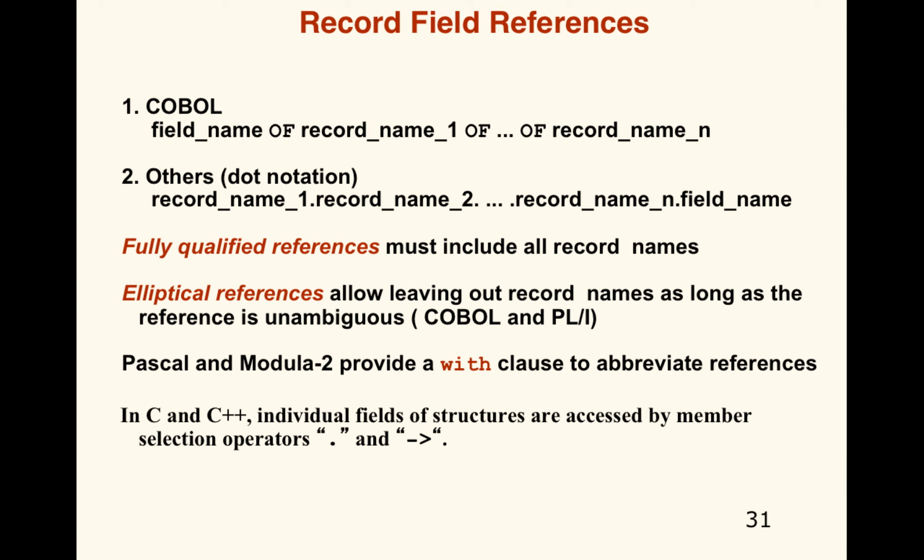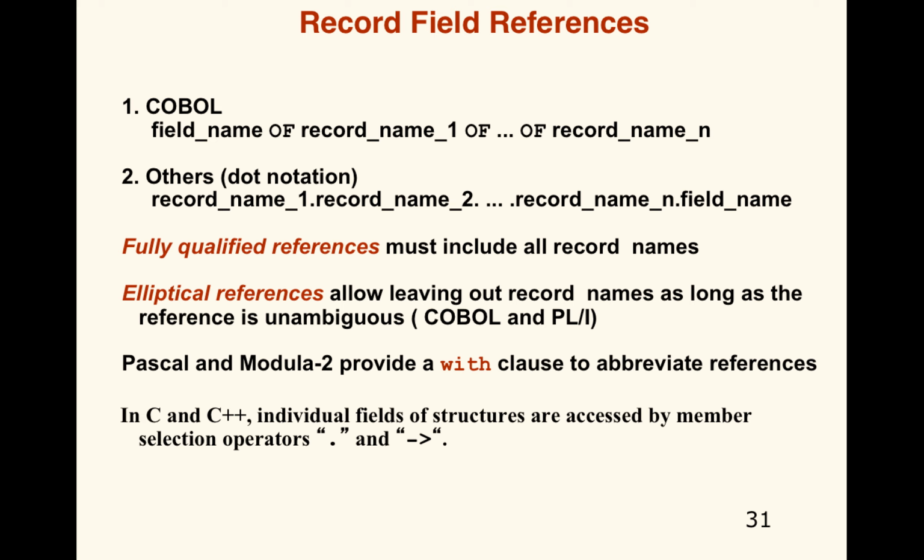Now in the record field references in COBOL, which is a very old language, it used the field name. So you had field name 1, field name 2, field name 3. Others use the dot notation. So instead of using field name, C decided to go with what's called the dot notation, using a dot to reference elements inside of the record. So fully qualified references must include all of the record names.